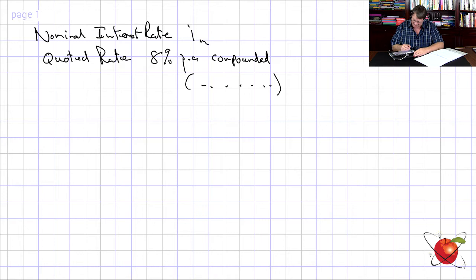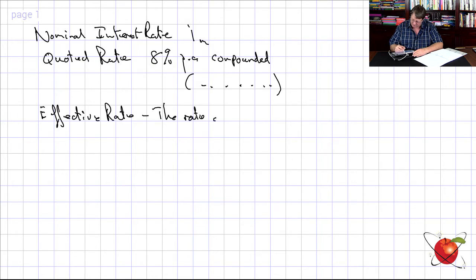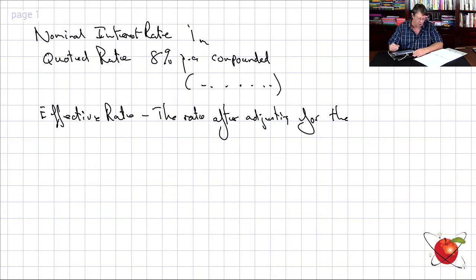The next one is the effective rate. Just finishing off from the last one, the rate I'm going to put in here is the rate after adjusting for the number of compounding periods.